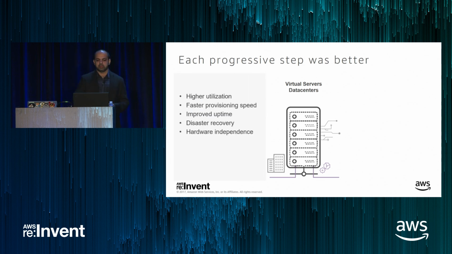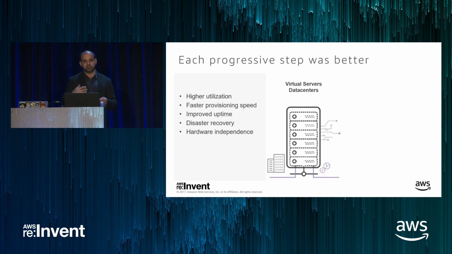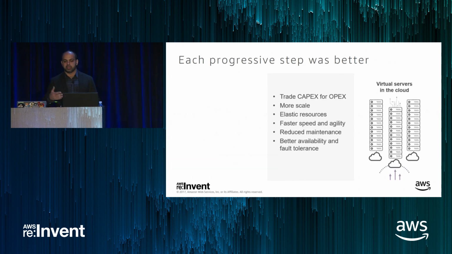So as an example, for the first step, you look at higher utilization and faster provisioning speed. How do we do that? By appropriately using the EC2 instances, for example, the right spec and whatever goes in there, putting in disaster recovery, improved uptime, etc. Similarly, trading CapEx for OpEx, more scale, elastic resources, all the different benefits that the cloud provides you.